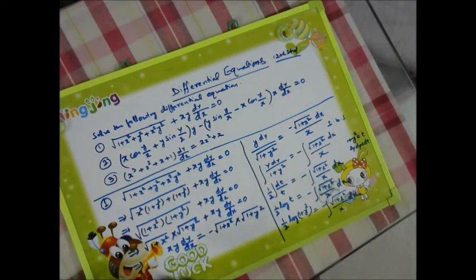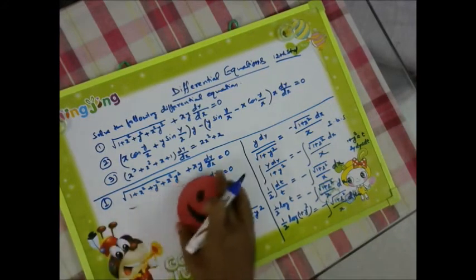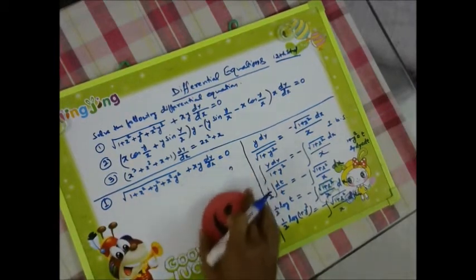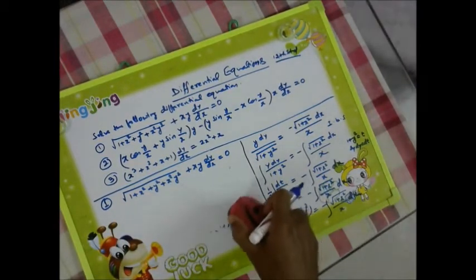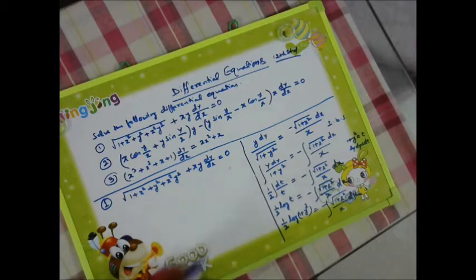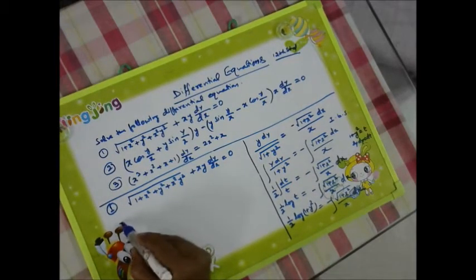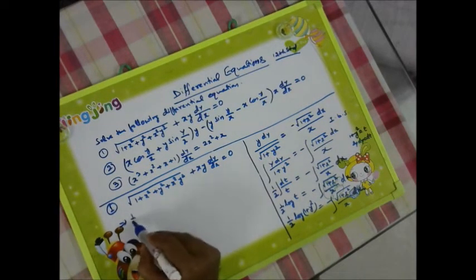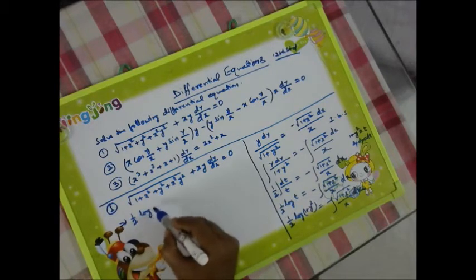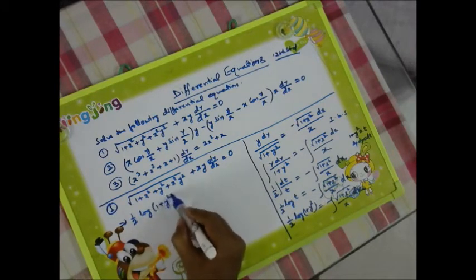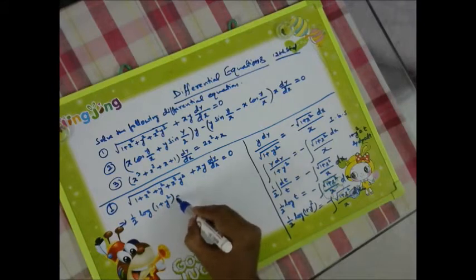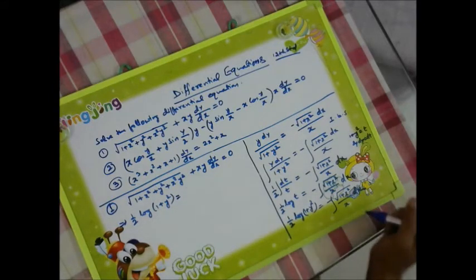We are in this stage. So left hand side already it is there, half log 1 plus y square is equal to, now right hand side we have to solve.